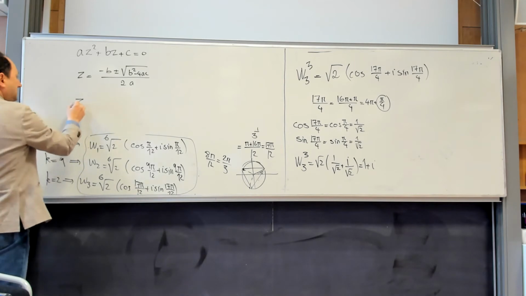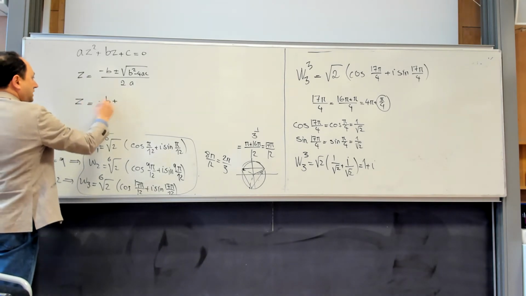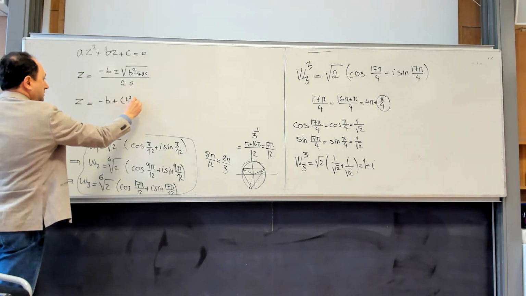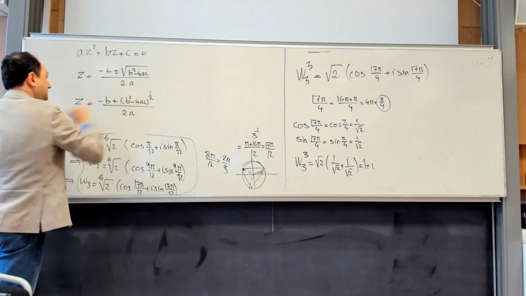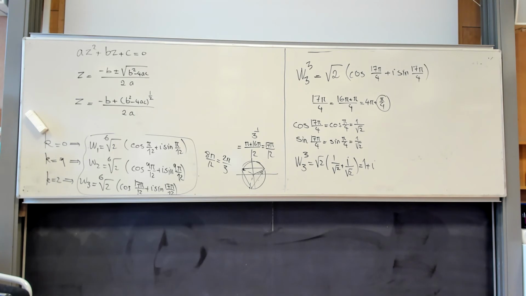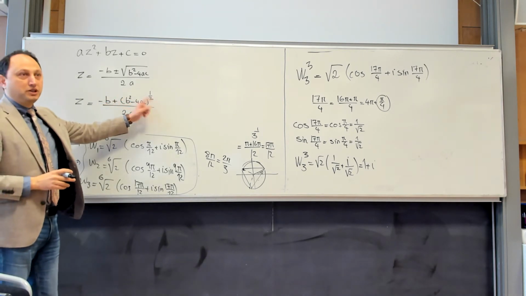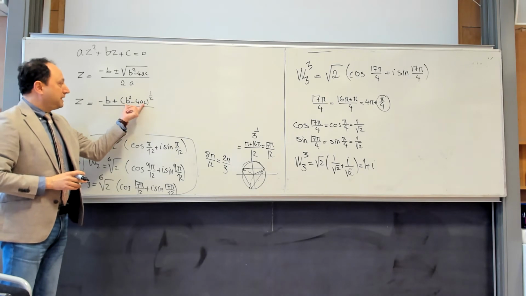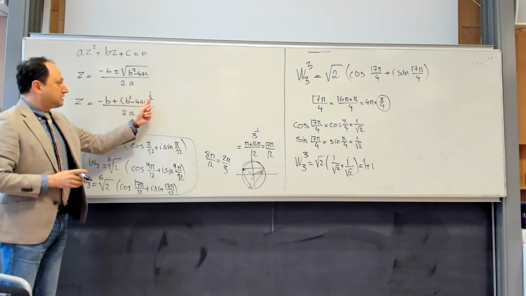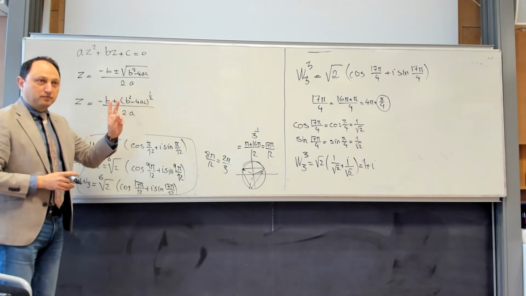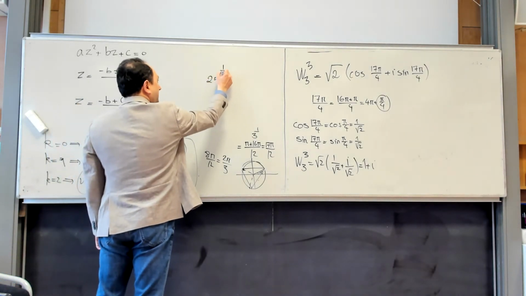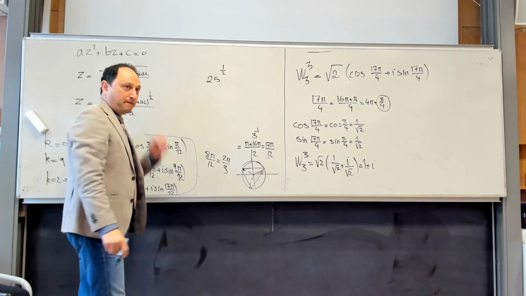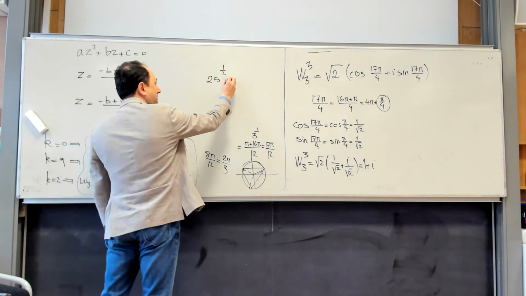But in this context, do you agree with me if I just write it like this? I am taking the plus minus away, but I'm writing it in this form. Because in the complex numbers, when I write something like this, I mean both of them. So in complex numbers, what is the answer to the square root of 25?